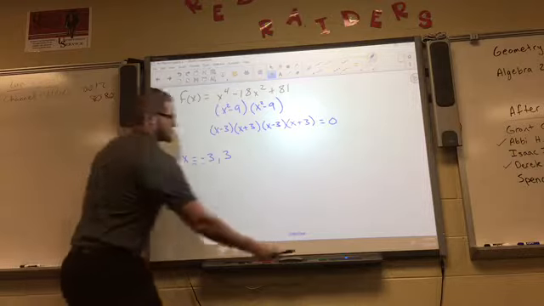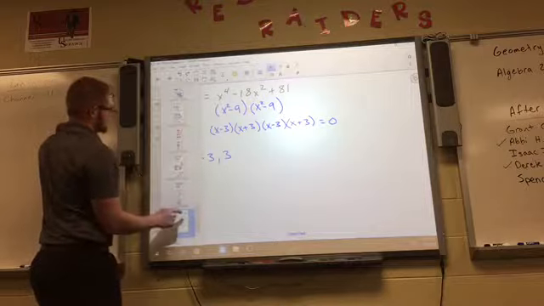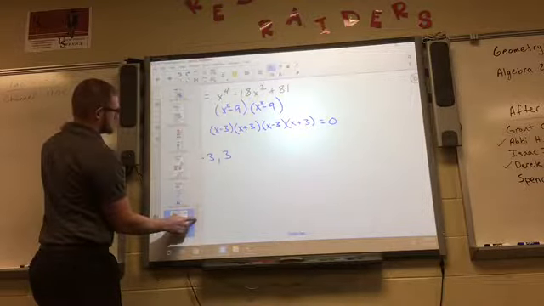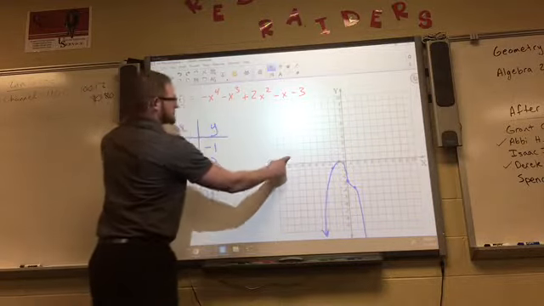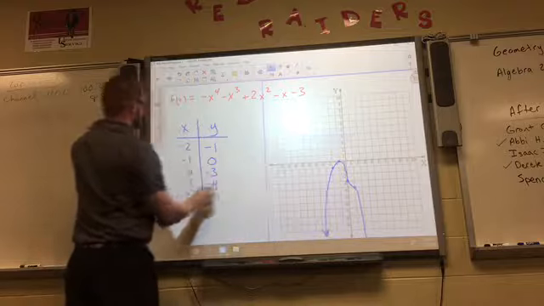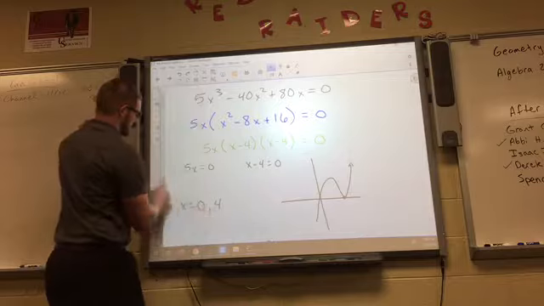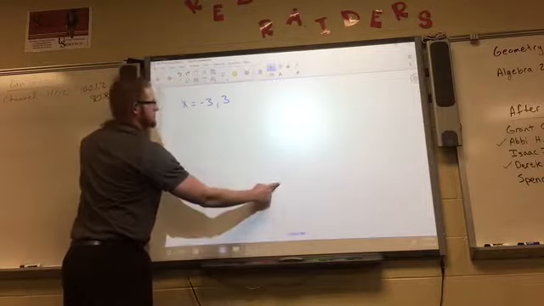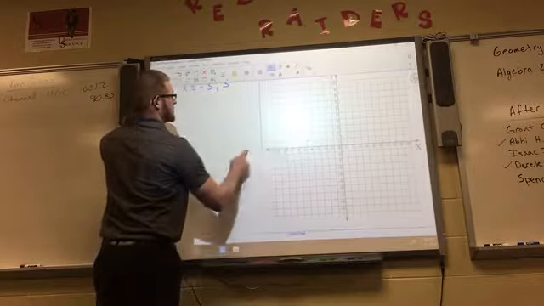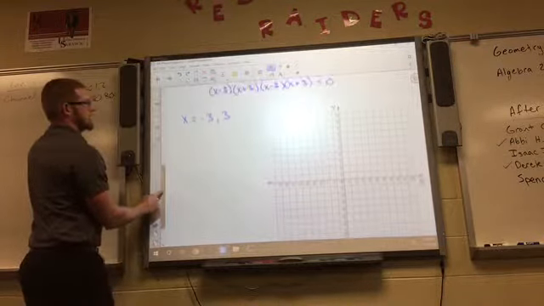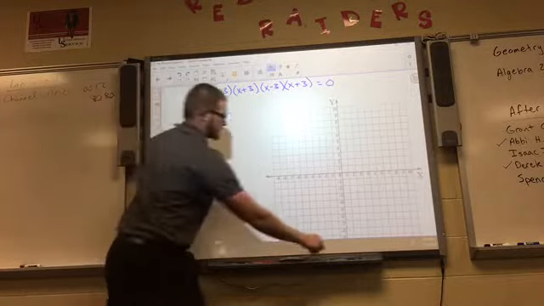Okay? So, if I were to graph this, let me find a graph here. If I were to graph this, I would know that I definitely need a point at negative 3 and positive 3 on my x-axis.